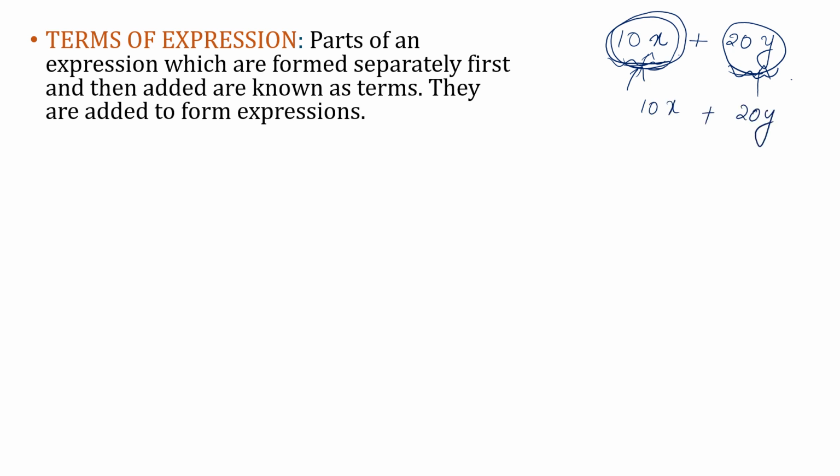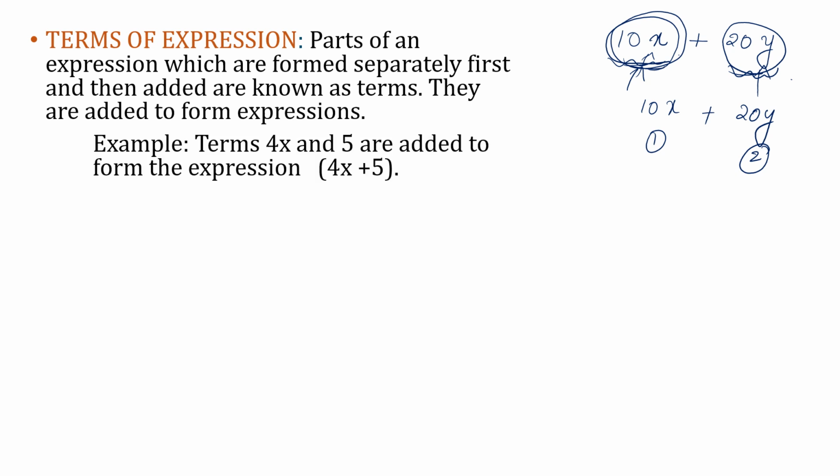So these are the terms of the expression, the first term and the second term. For example, 4x and 5 are added to form the expression 4x plus 5. Here 4x is the first term and 5 is the other term.